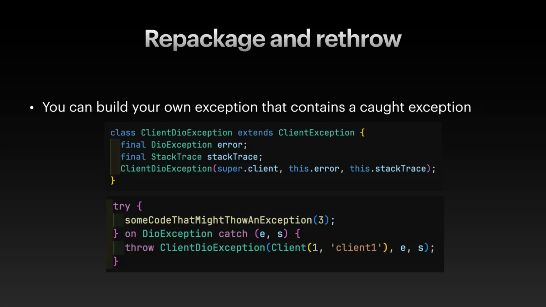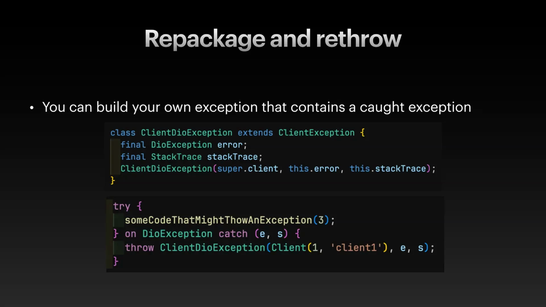So I would create the intersection of client DO exception, and yes, it is a client exception, so it will have a client in it, but we'll also include the error that has come from our catch, and our stack trace that has come from the catch as well.